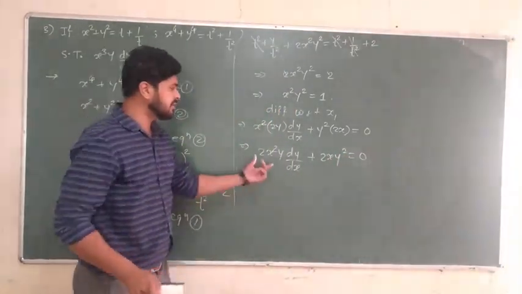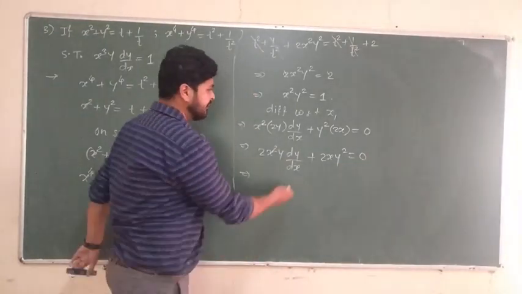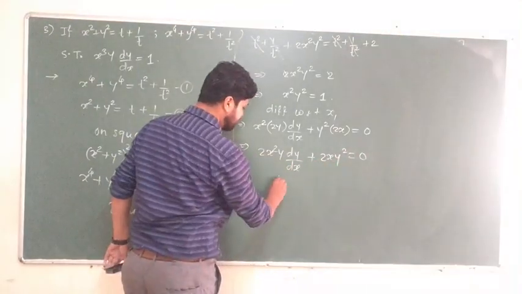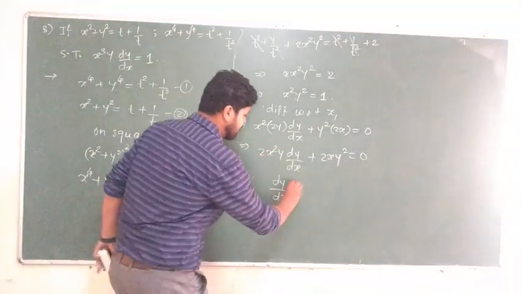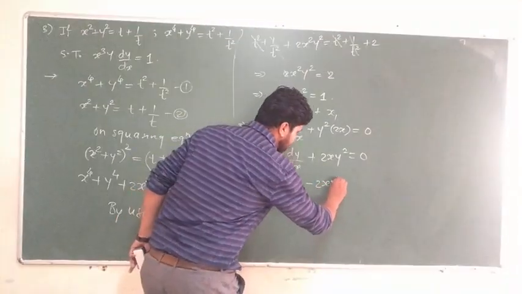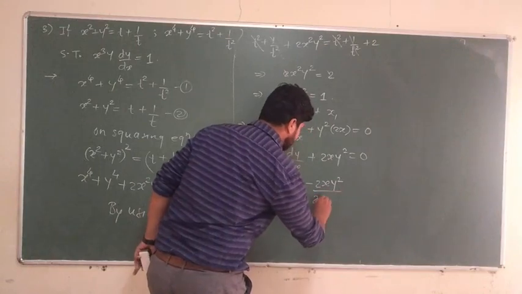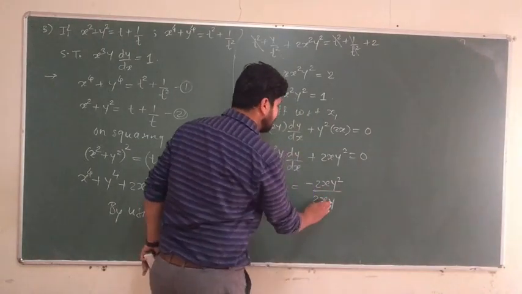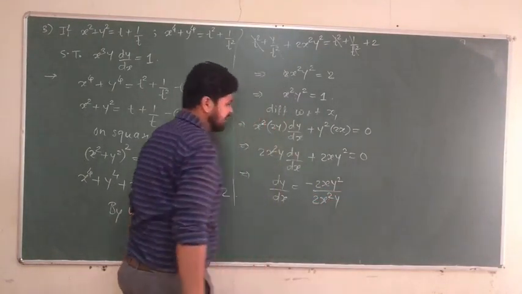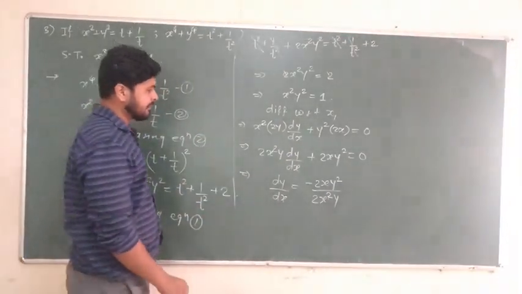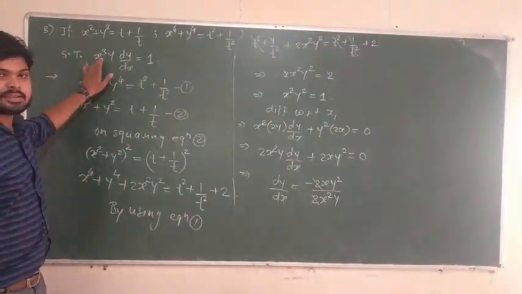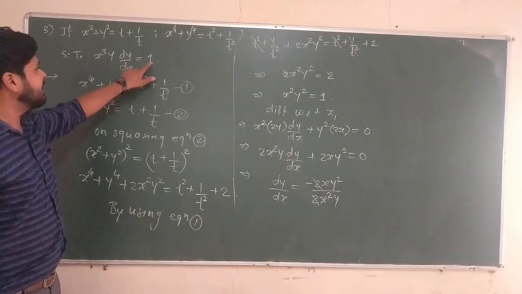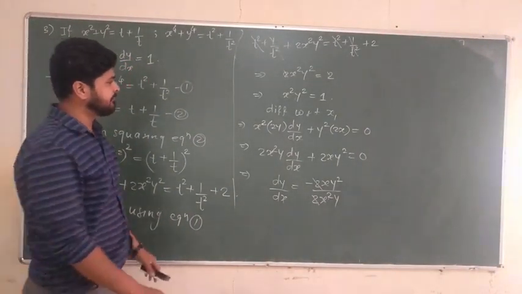Now if I shift these two terms to the right hand side, then first this term becomes negative and this term is in the division of that term. So minus 2xy square upon 2x square y. So we get the answer like this. Here this 2 also gets cancelled, but we have to prove this x cube y into dy by dx is equal to 1.